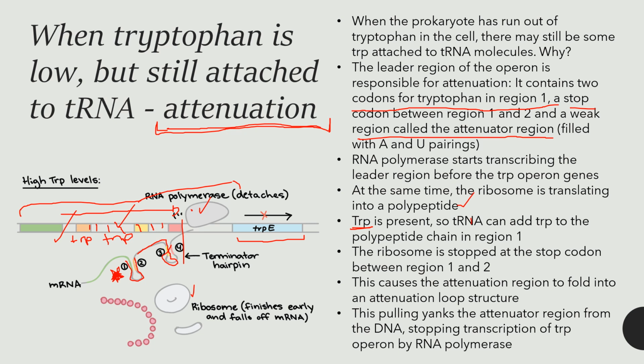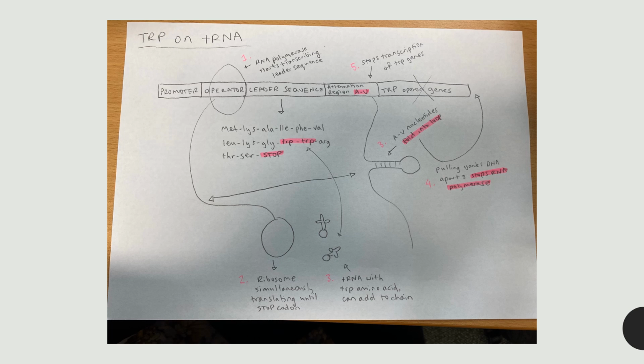So here's a diagram that I have made. This will hopefully help you. So this is when there's tryptophan only found on tRNA molecules. So we call this attenuation. Okay, this is attenuation.